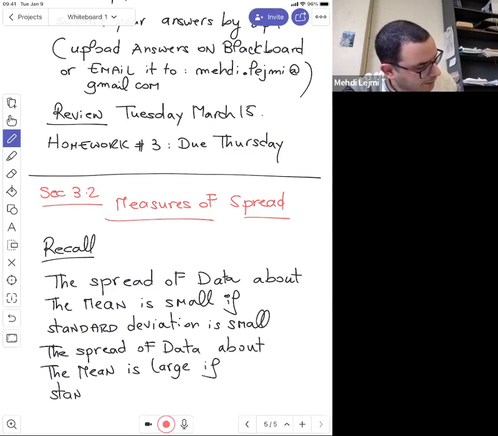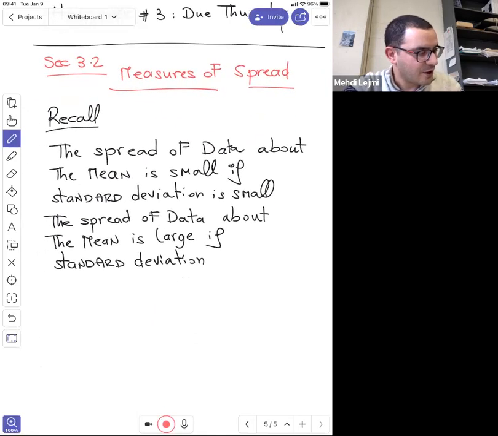Last week we discussed the steps for how to compute the standard deviation, so now we know how to compute it.